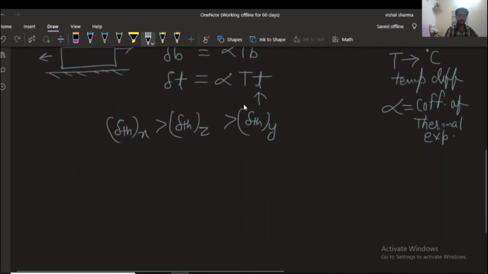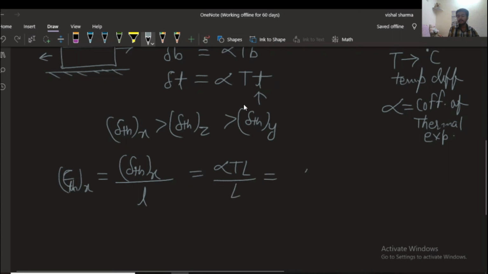So the thermal strain in the X direction is given by the change in length due to the temperature change or thermal load divided by the original length, which is alpha T L upon L, which is alpha T. The thermal strains in the three mutually perpendicular directions are equal and like in nature.